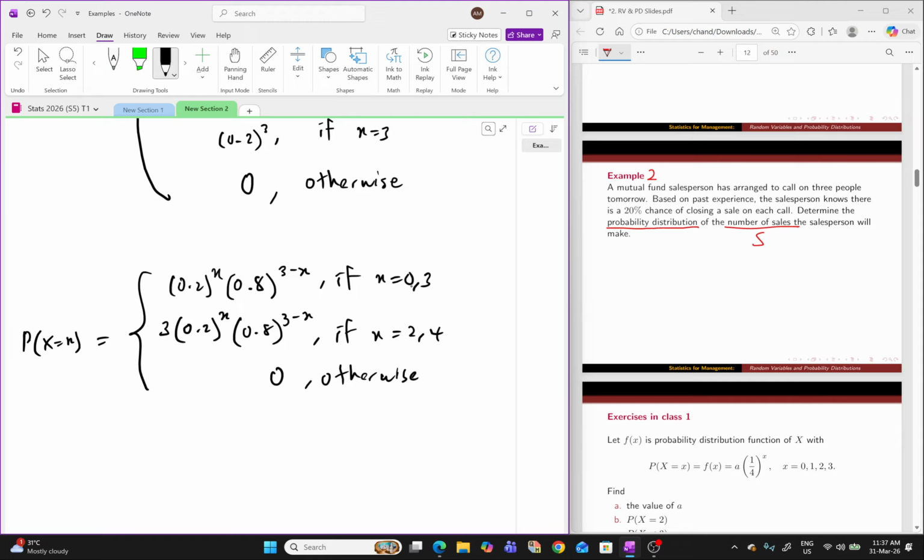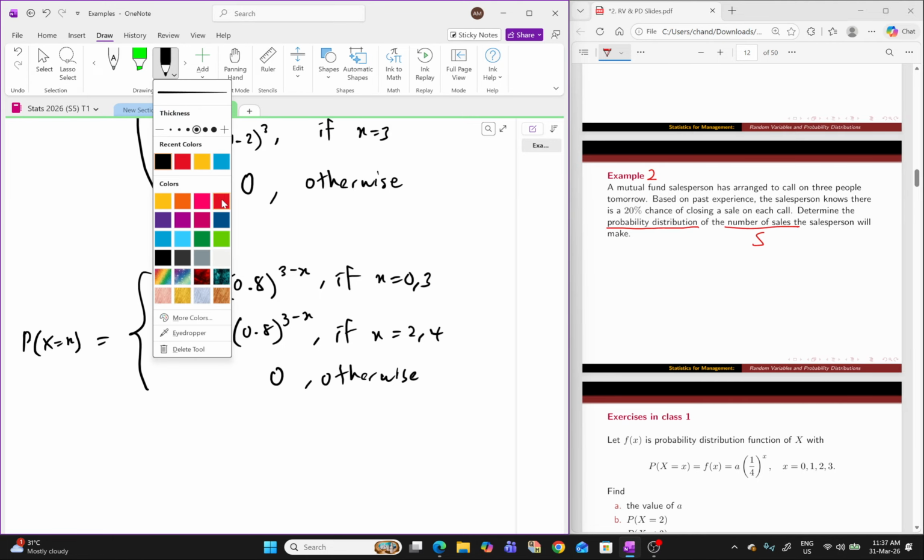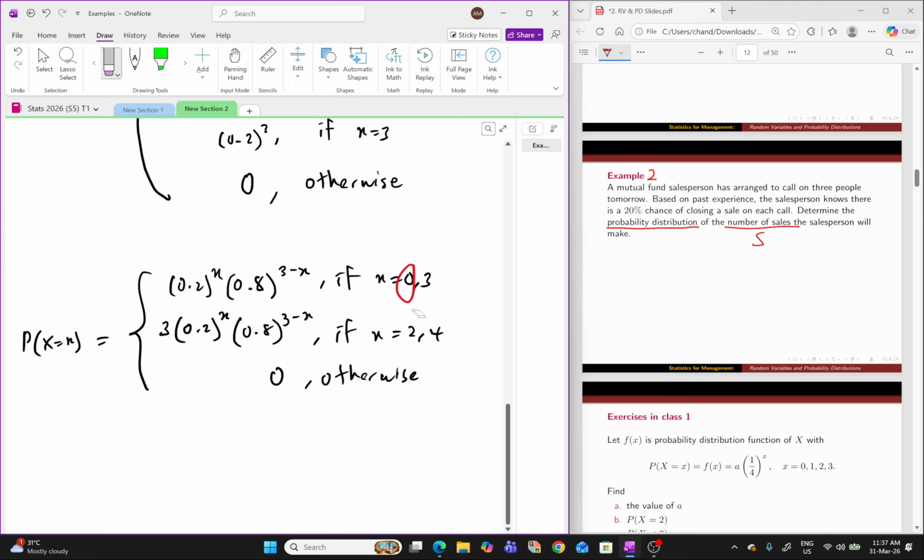Okay, look at this. Kalau saya letak kosong dekat sini dan dekat sini, apa akan jadi? 0.2 kuasa 0, 0.8 kuasa 3. Yang ini sebenarnya any number raised to the power of 0, tekan dalam kalkulator any number raised to the power of 0, what do you get?